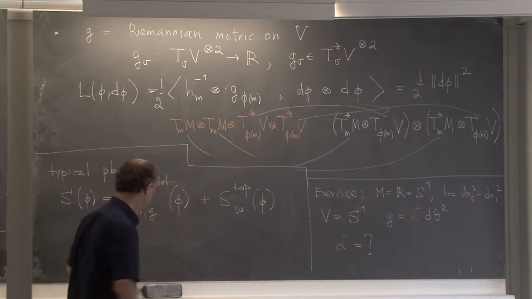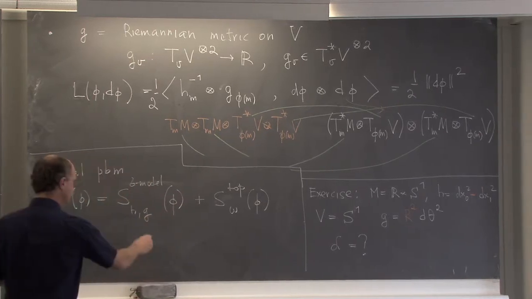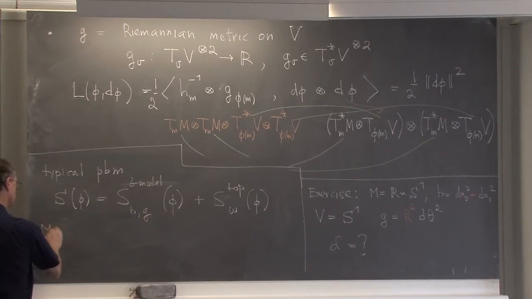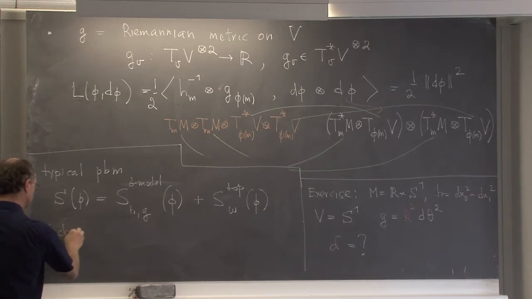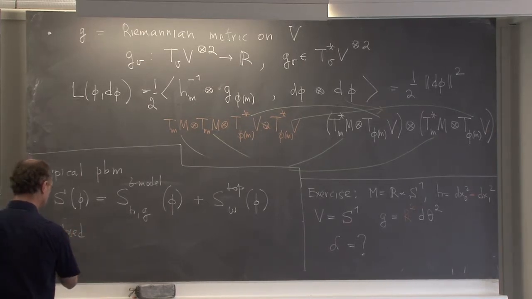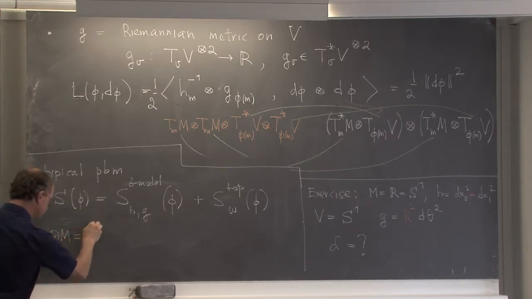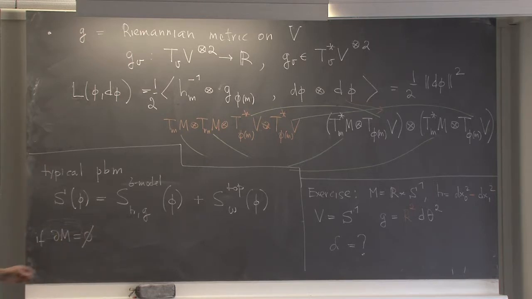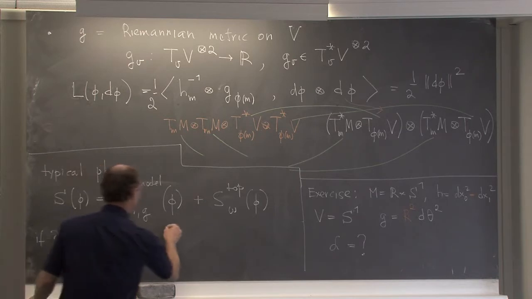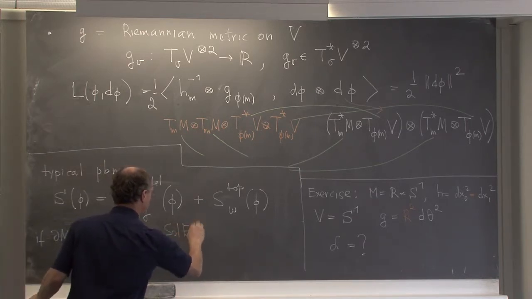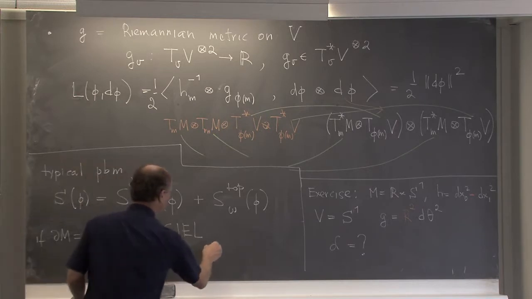And of course, if M has no boundary, as we had in the case of S2, then typically what will happen, you will have Sol EL.